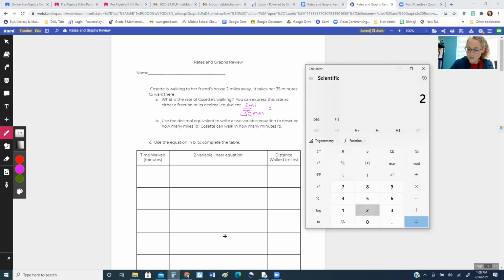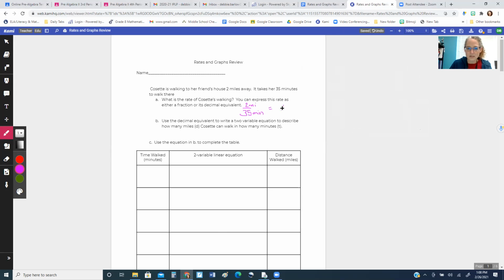Let's find out. 2 divided by 35 is 0.057. I'm actually going to keep that 7. 0.057 miles per minute. So every minute that Cosette walks, she goes 0.057 miles. Okay, a little bit. It sounds small. When you think about it as miles per minute, it's not too bad.